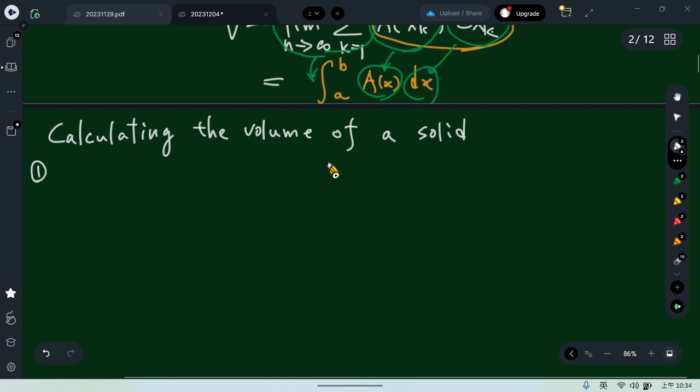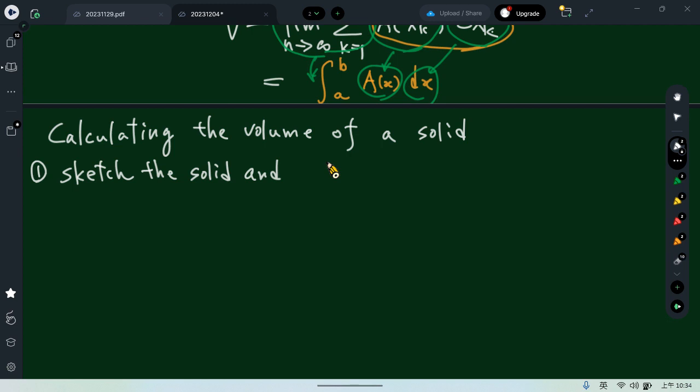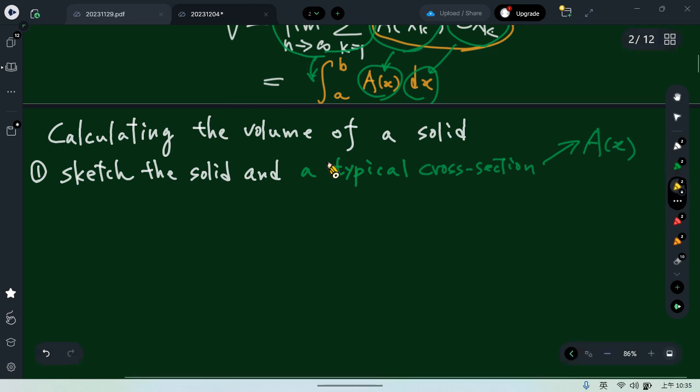The first thing is, please sketch the solid and a typical cross section. As I mentioned earlier, it should be A of x, right? Because for different x, we can have a different cross section, right? This is the first part.